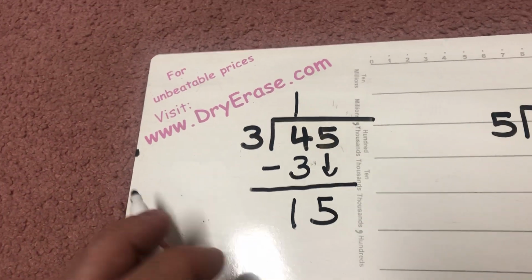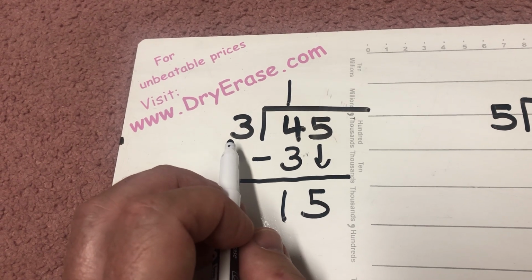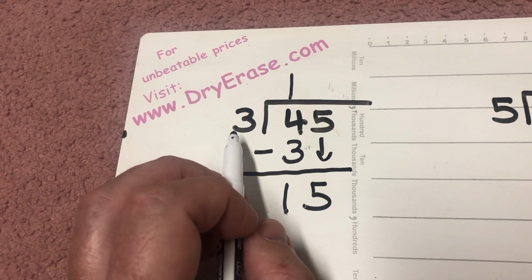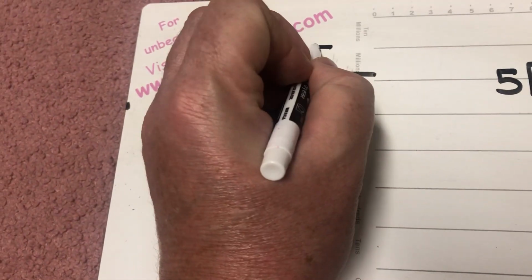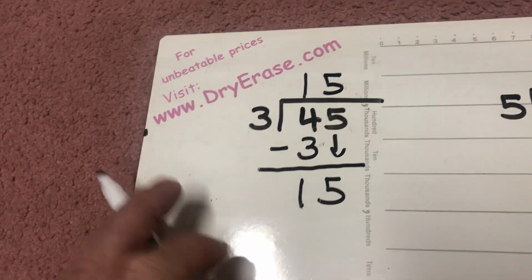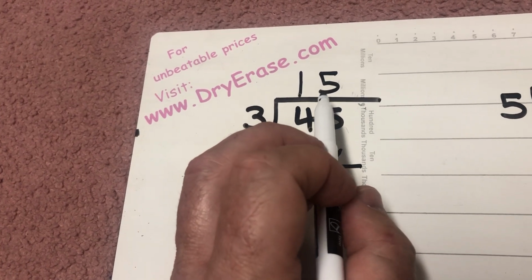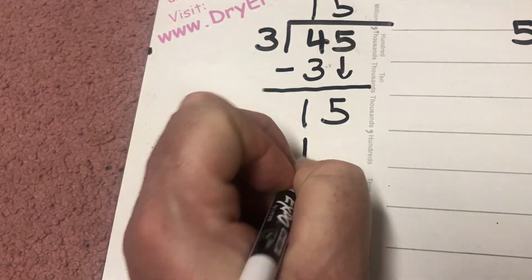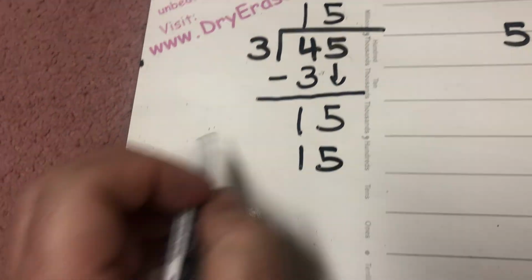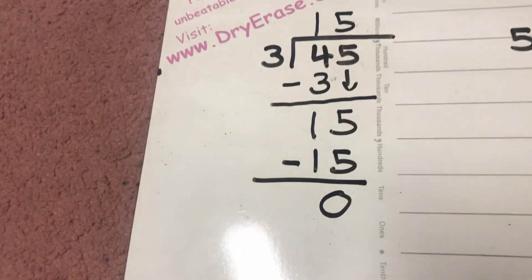Now I get 15. I'm thinking about my 3 times tables, and once again, this is another plug for knowing your multiplication tables really well. 3 can go into 15 5 times. After I divide, I multiply. 5 times 3 is 15. 15 minus 15 is 0.